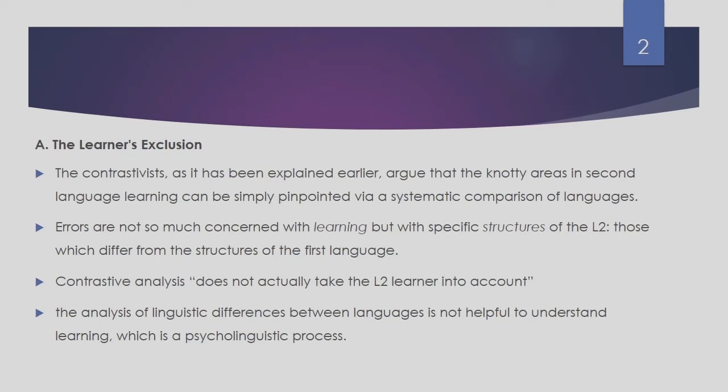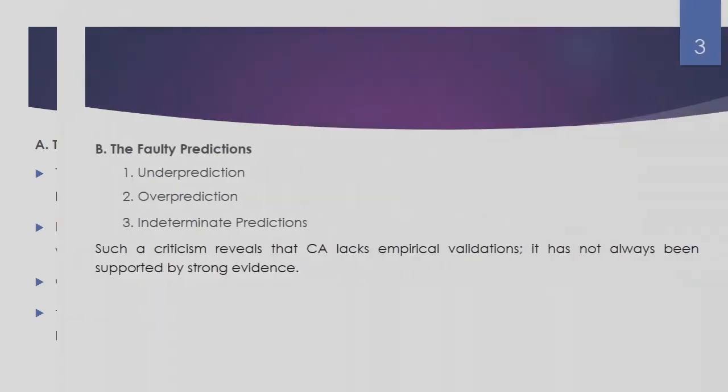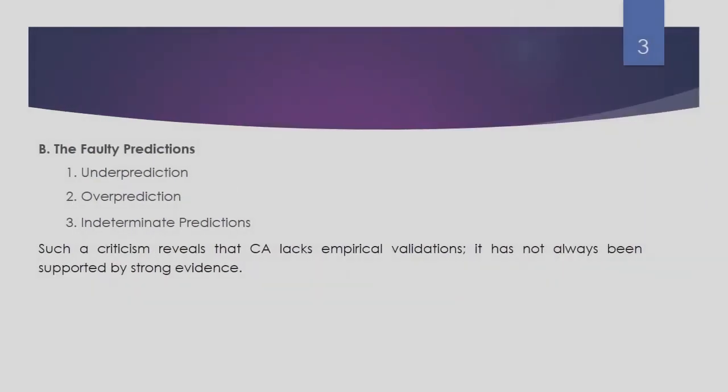We should not forget that learning is a psycholinguistic process, but comparison is just a linguistic activity. The analysis of linguistic differences between languages is not helpful to understand learning.